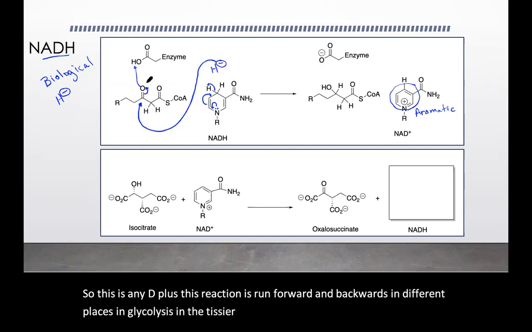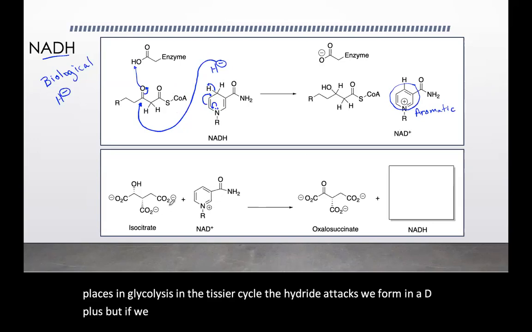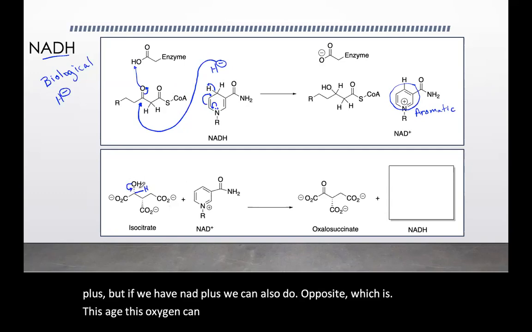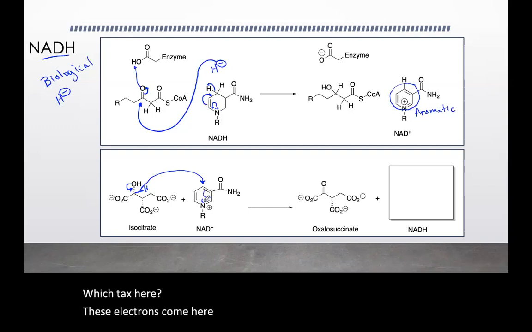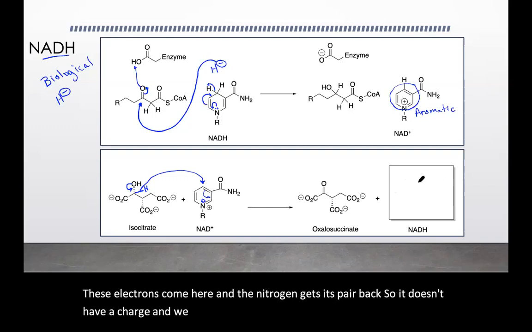The hydride attacks, we form NAD+, but if we have NAD+, we can also do the opposite, which is this oxygen can go down to form a pi bond, kicking off the H-, which attacks here. These electrons come here, and the nitrogen gets its pair back, so it doesn't have a charge, and we form the NADH.